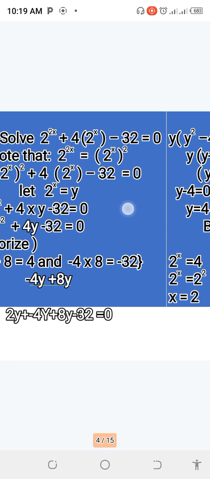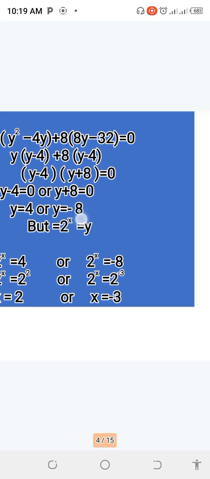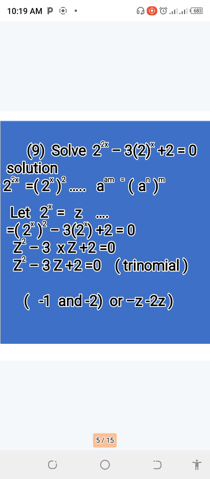Yes, that is that for that. Then the last and not the least question we are going to solve here is this. Question 9 says solve 2 exponent 2x minus 3 into 2 exponent x plus 2 is equal to what? 0.